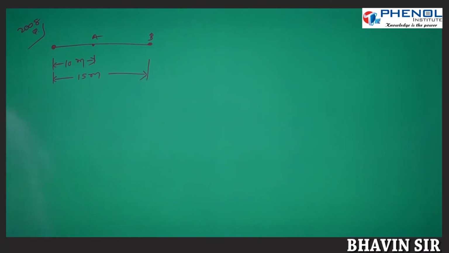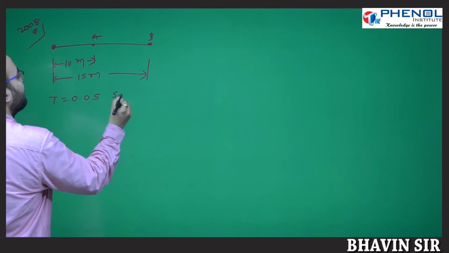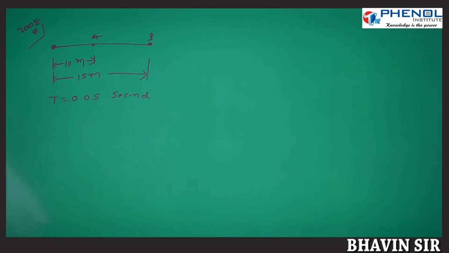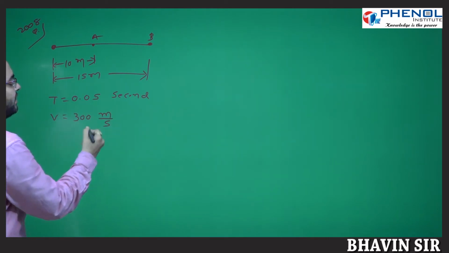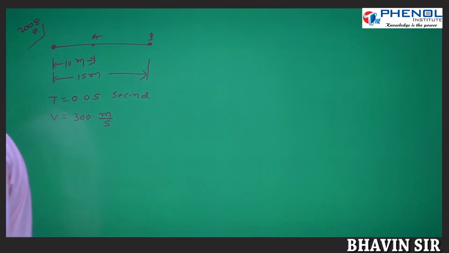Chalo, now we want to find the time period. It is 0.05 second. And what is the speed of wave? 300 meter per second.